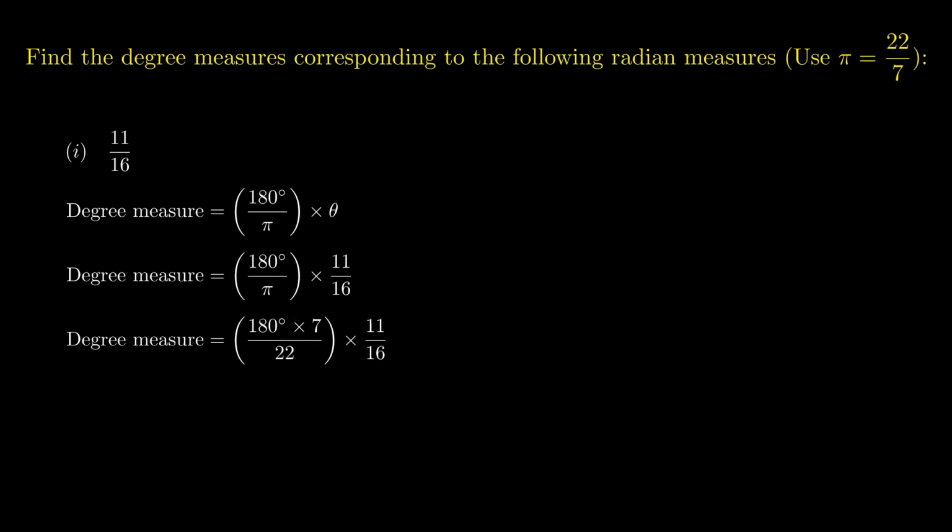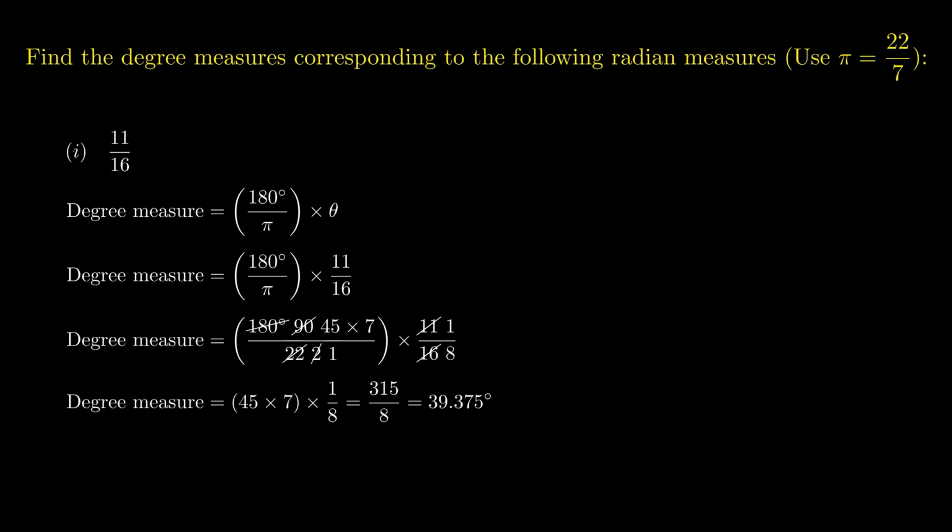So I'm just making a rearrangement here. 1 times 11 is 11, 2 times 11 is 22. After appropriate cancellations, so degree measure is 39.375 degrees.